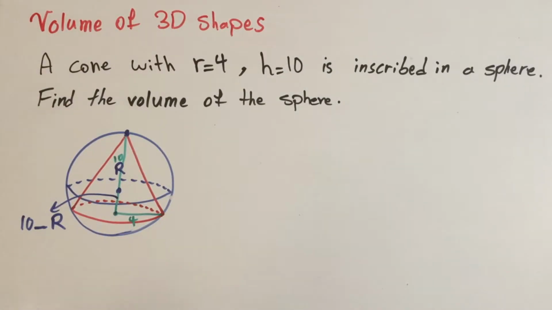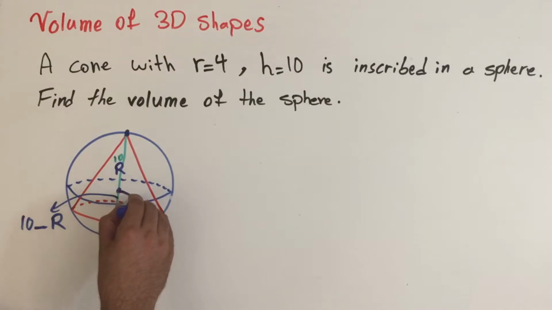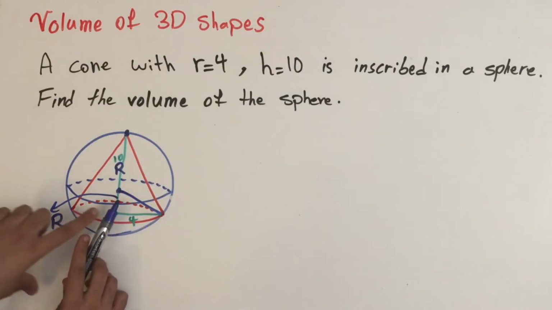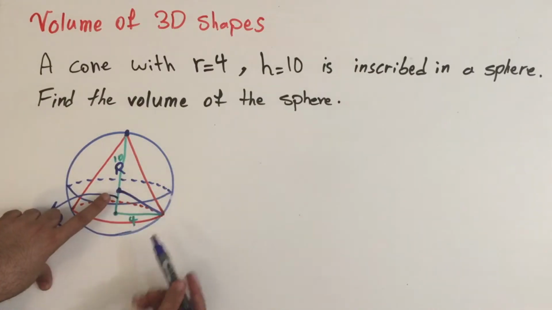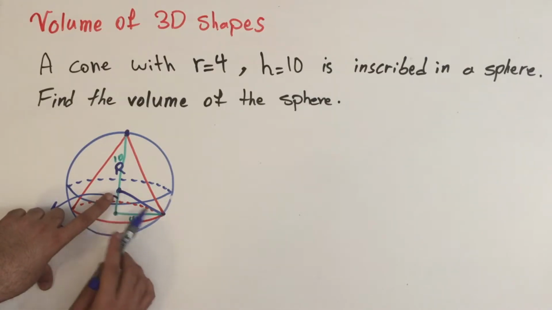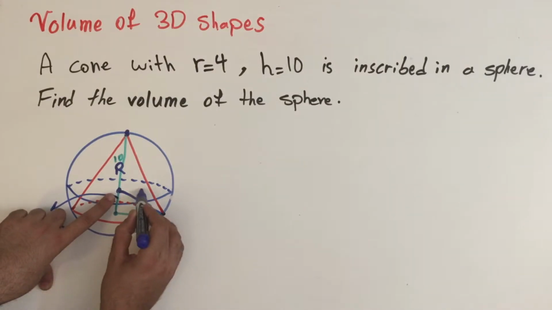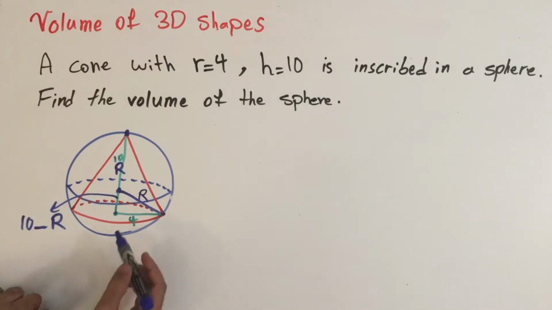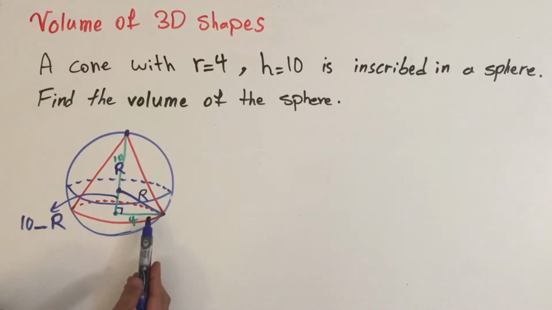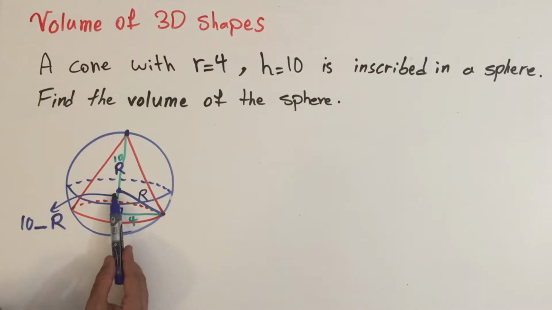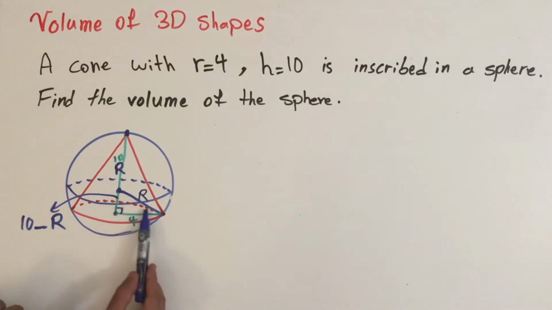The other thing is that I have to sketch one more line segment, and that line segment is going to be this one. As you see, this line segment starts from the center of the sphere and goes to a point on the surface of the sphere. So that means this line segment is r as well. And you know that this angle here is 90 degrees, so as a result I have a right triangle.